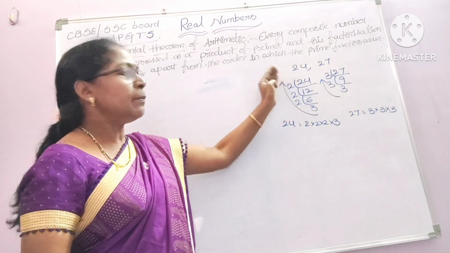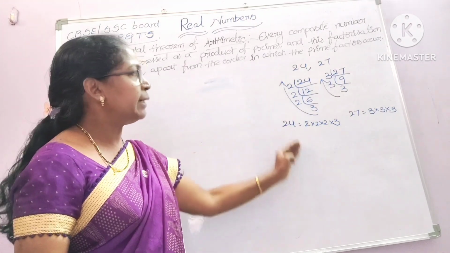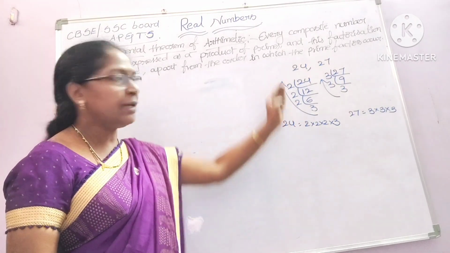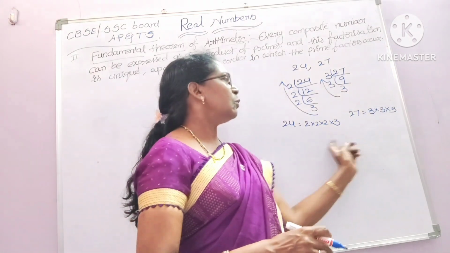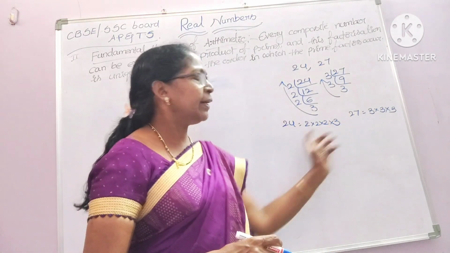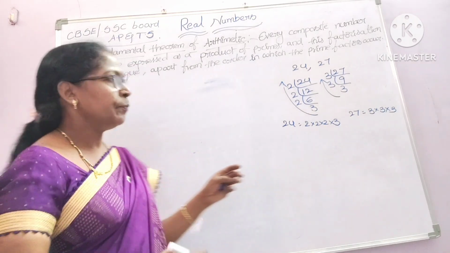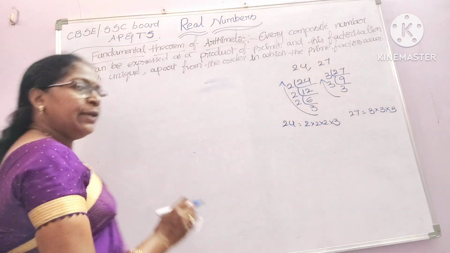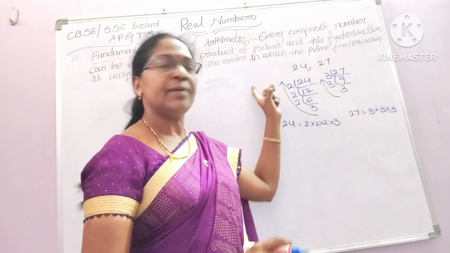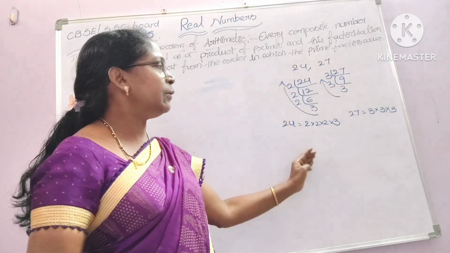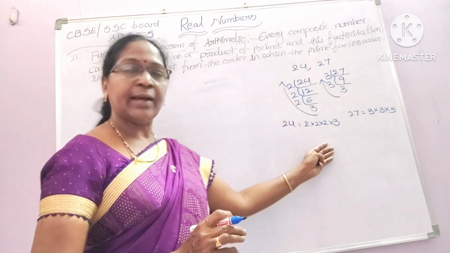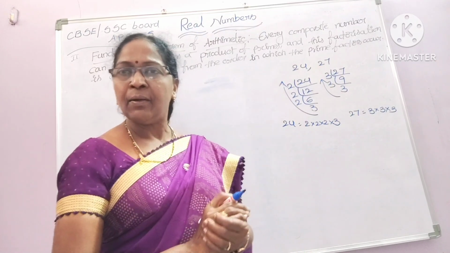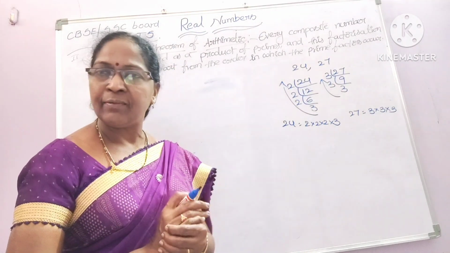By using the prime factorization method, you can find out the prime factors of the given number, and these two are unique, both separate. After finding the factors, you can find out the LCM and HCF of the given numbers.